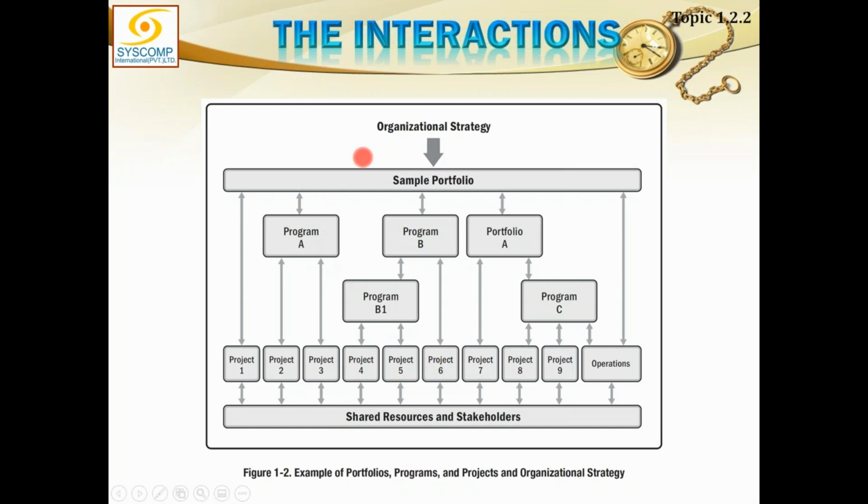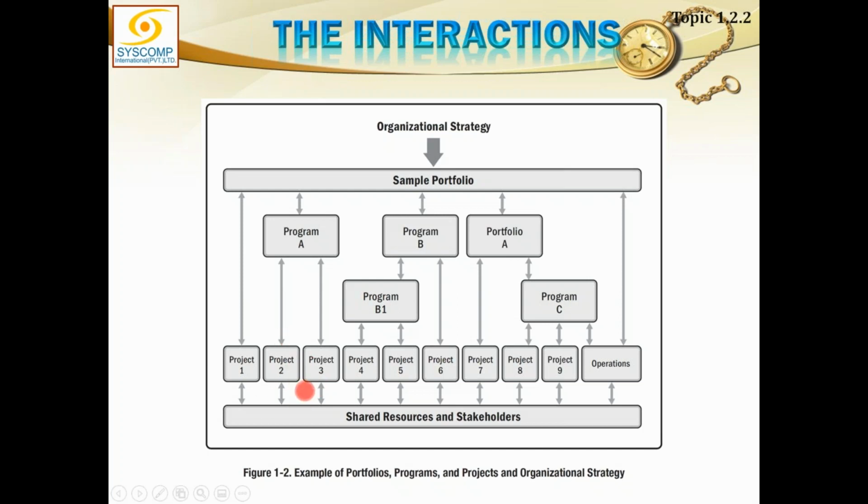Similarly, program A is directly aligned with the organizational strategy. Portfolio itself is directly aligned with the organizational strategy. Program A has got 2 projects which are the component projects within the program.